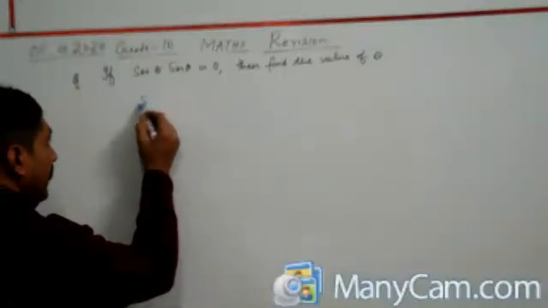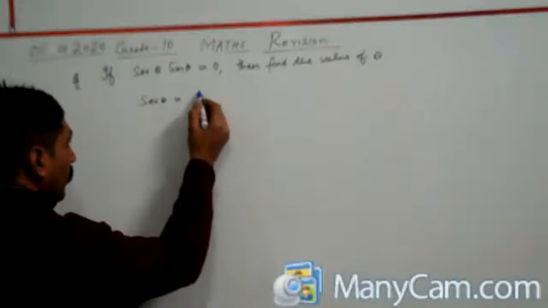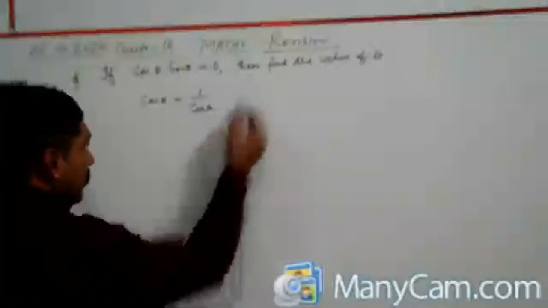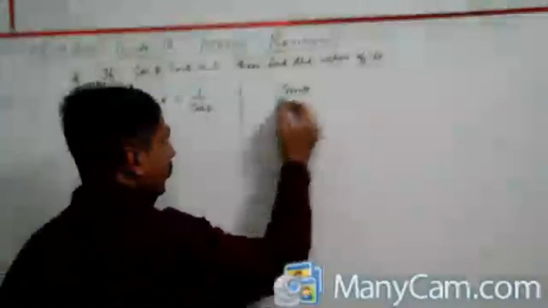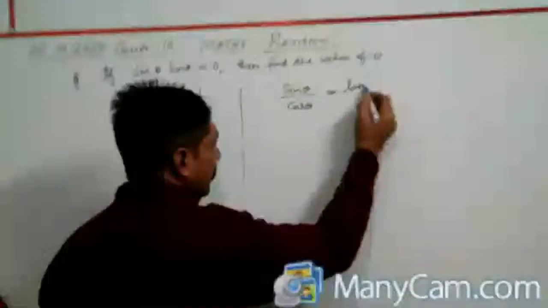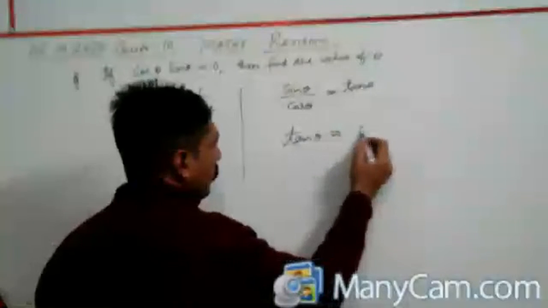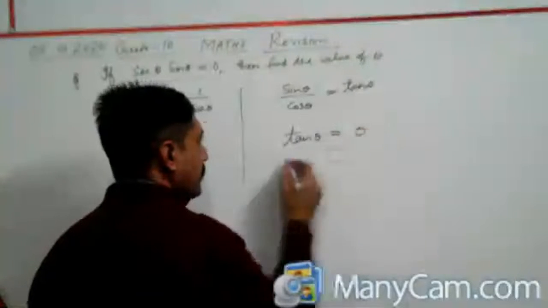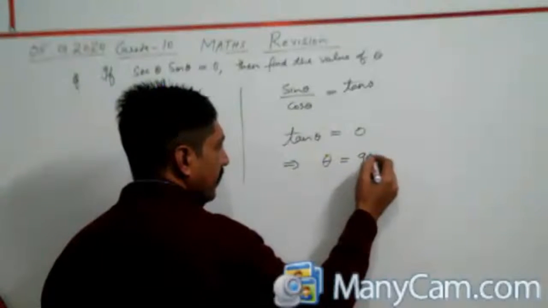Secant of theta can be written as 1 upon cosine theta, right? So this can be written as sin theta upon cosine theta, that is equal to tangent theta. So if tangent theta is equal to 0, it is only possible when theta is equal to 90 degree.